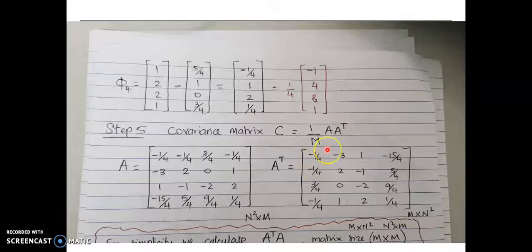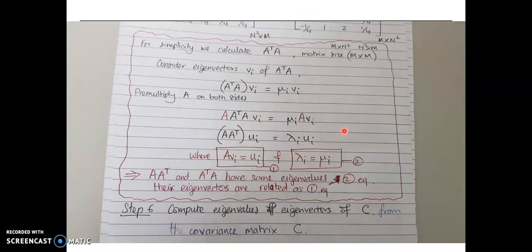Now we have to calculate the eigenvalues and eigenvectors of the covariance matrix. So we have to calculate the eigenvectors of A multiplied with A transpose. Now there is a technique that we use to simplify this process, because the size of A times A transpose is N squared by N squared, so N squared is very large.